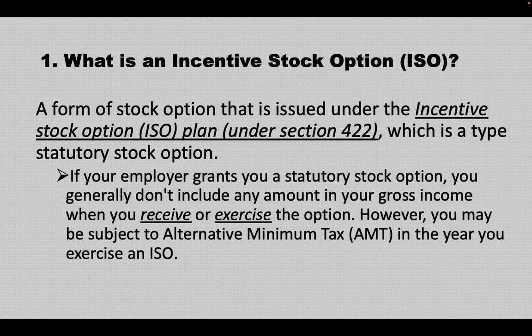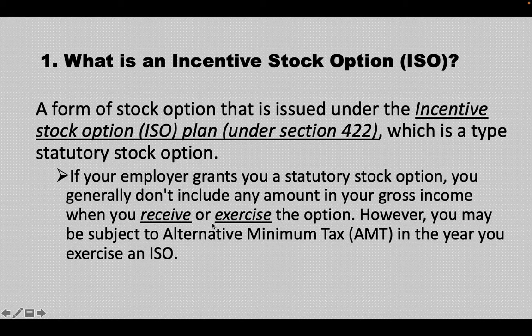The tax treatment basically says if your employer grants you a statutory stock option, you generally don't include any amount in your gross income when you receive and exercise the option. However, you may be subject to alternative minimum tax in the year you exercise an ISO.